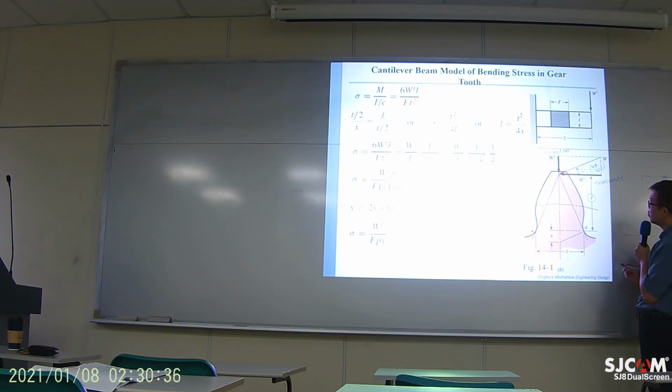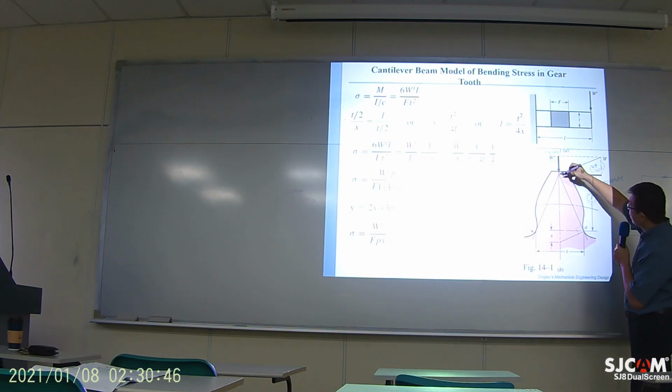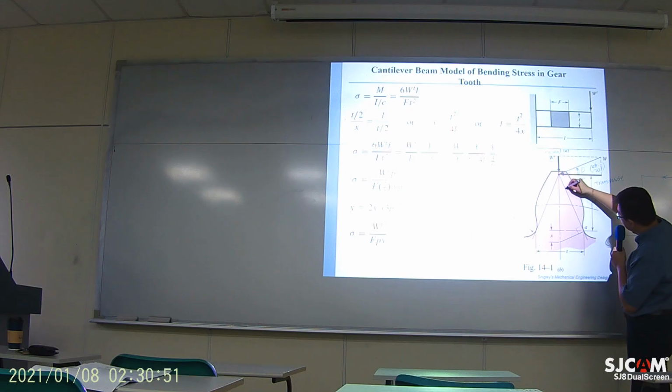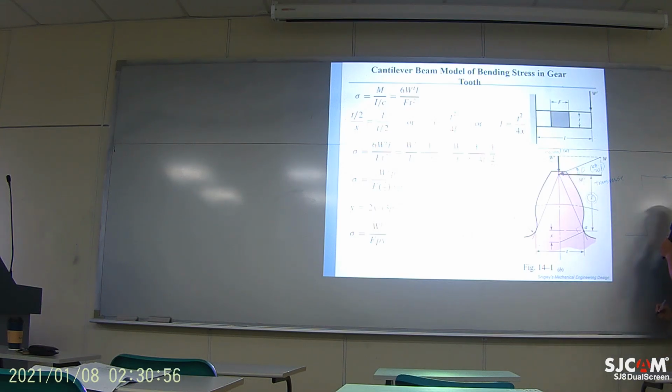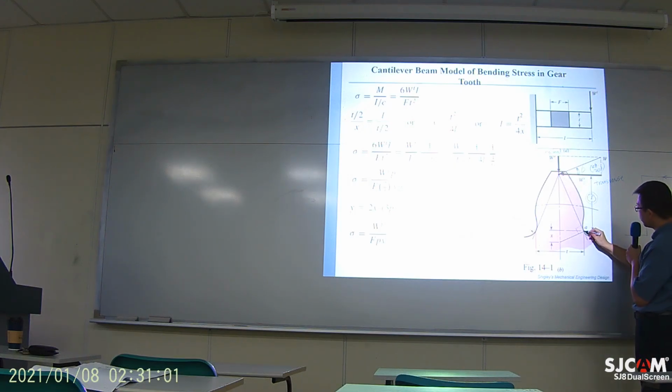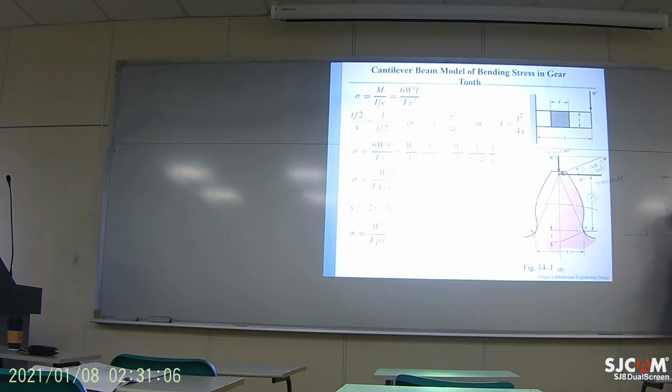So one way to define this length is to draw this particular line from the point of your force and then try to find a tangent line to this particular point A. You see this tangent line? And then over here, we will define this particular length as L. So that would be the length of the simplified cantilever on the right hand side.